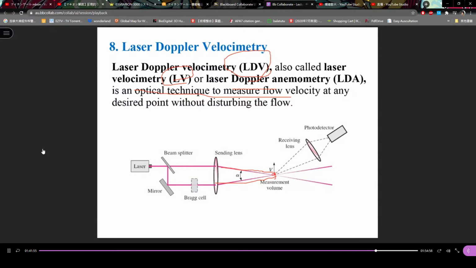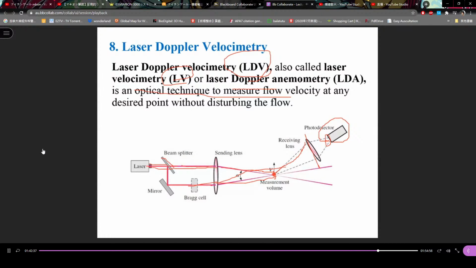One laser meter uses a mirror splitter. Then we split one laser beam into two beams. And the sending lens meets them together and reflects to this photo detector. This is the receiving lens. We can measure turbulence. That determines the velocity at this point.